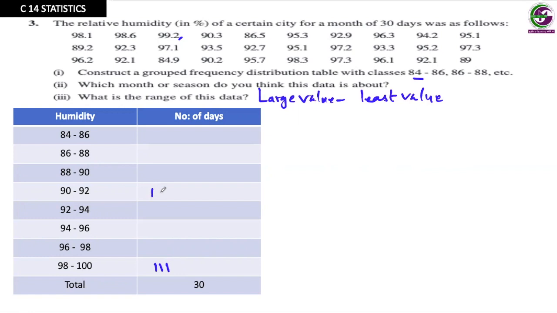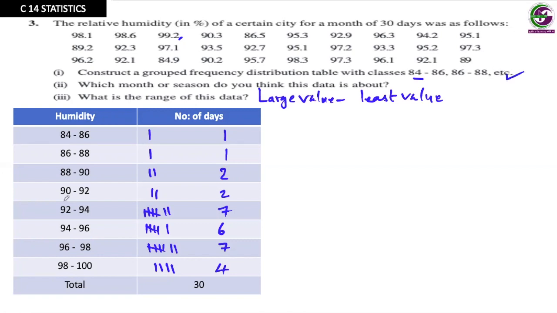And when we complete the tally mark, this is the tally mark, and let's write down the frequency: 2, 2, 7, 6, 7, 4. And let's check the total: 11, 17, 24, 26, 28, 29, 30. So this is the table.